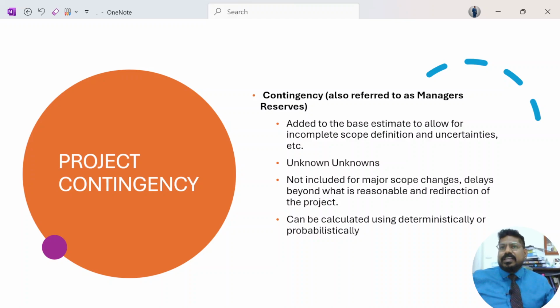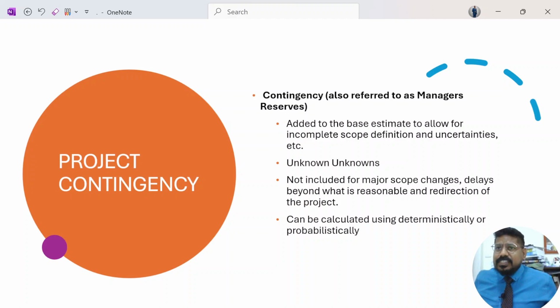So mostly the contingency reserve is for unknown problem, unknown solution. The rest, these three, has to be taken care of within this 70 in an ideal scenario.